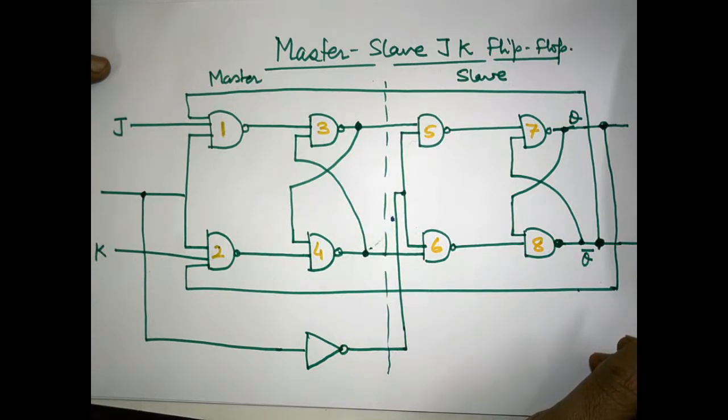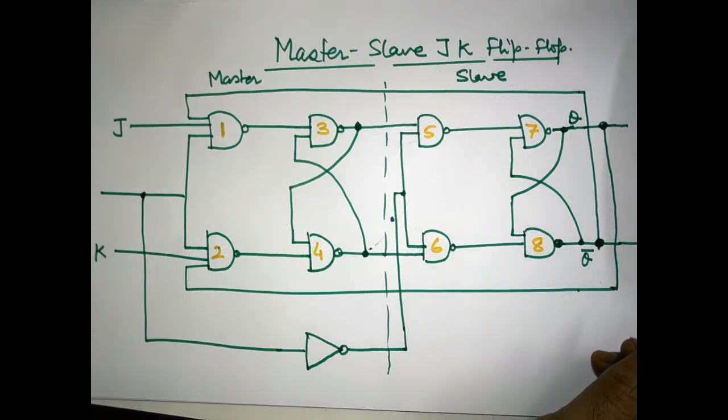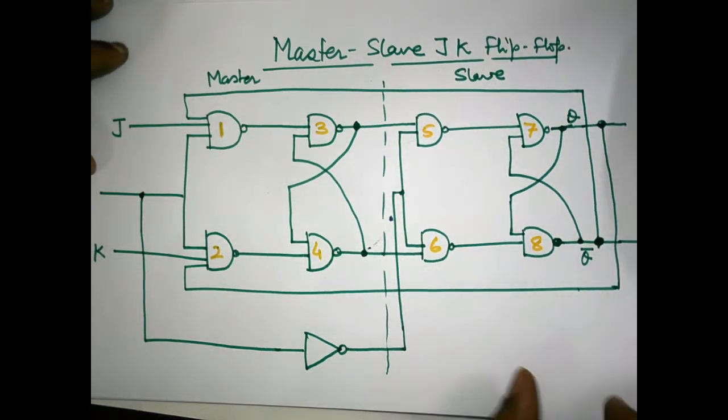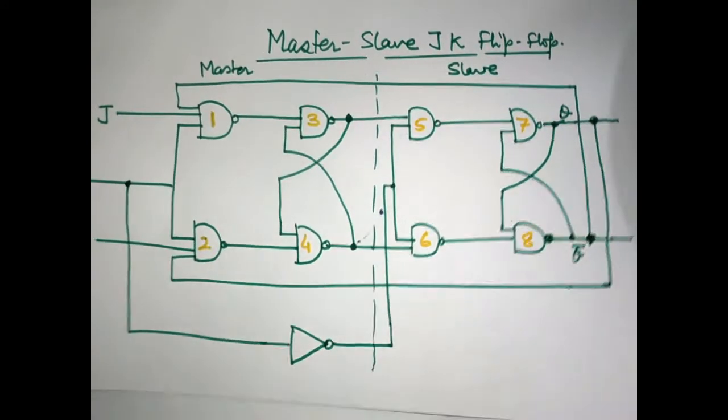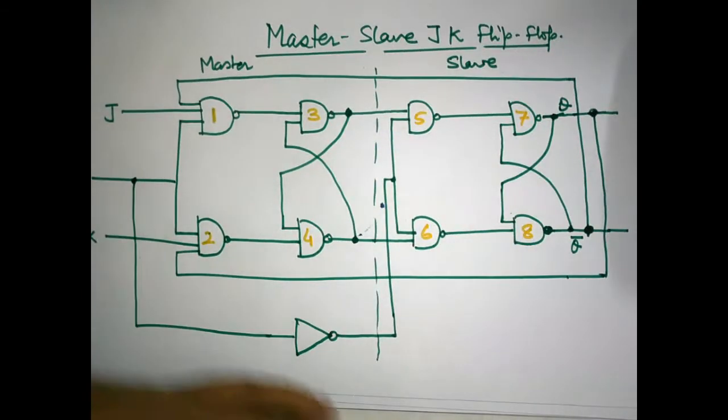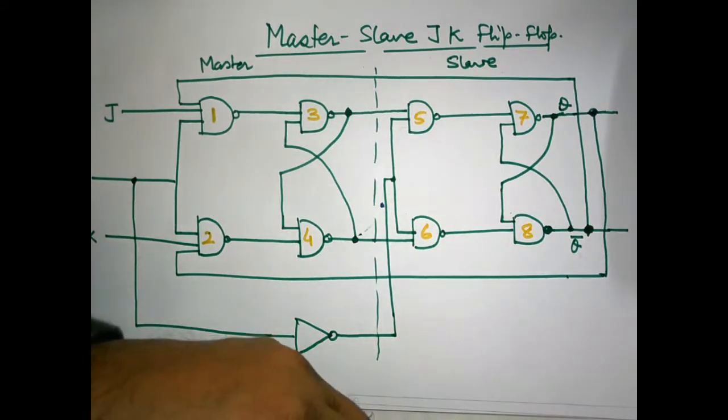Now we will see how this flip-flop performs its action. So let us make a truth table, a characteristic table, to explain the overall functionality.